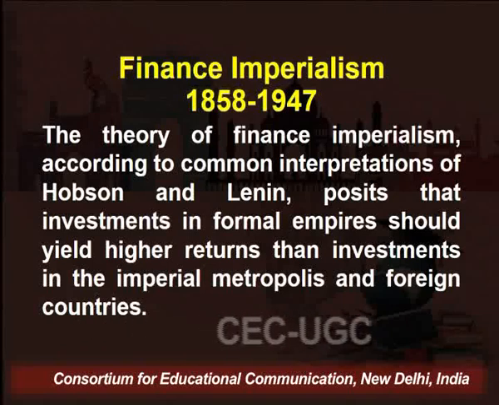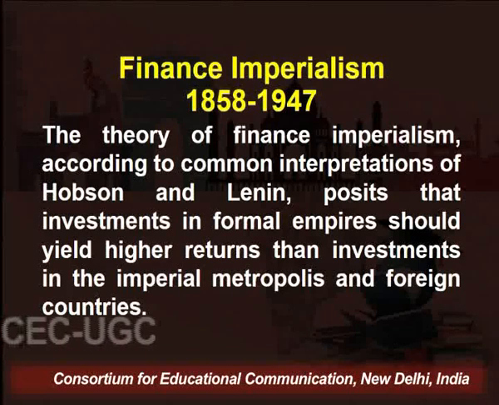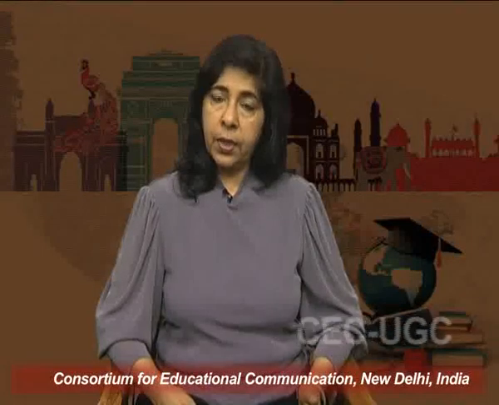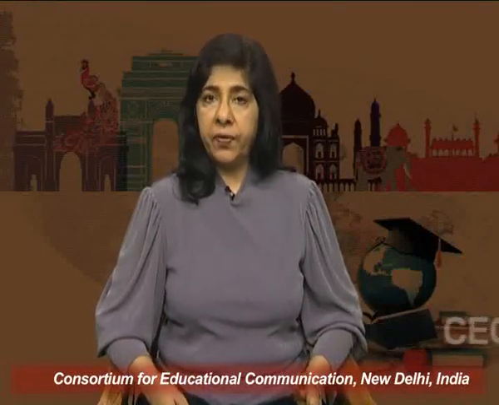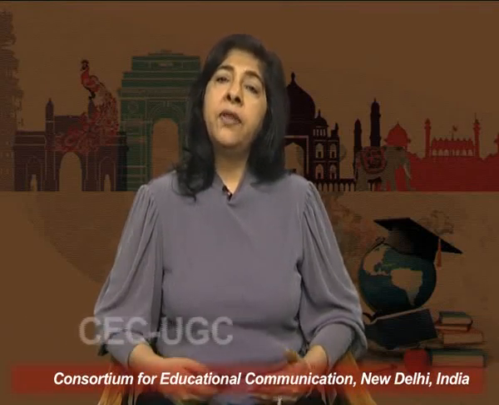So the underlying idea was that a lot of surplus capital was being generated in Europe, especially in Britain, as a result of the Industrial Revolution. There was a limit, however, to which this money could be reinvested.